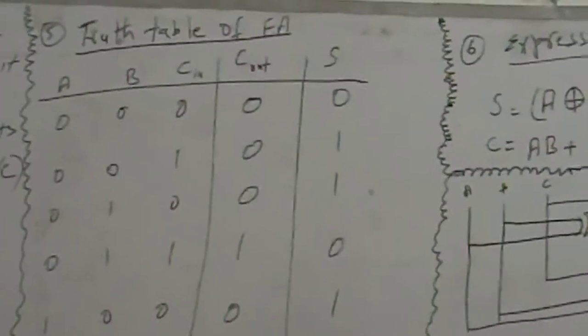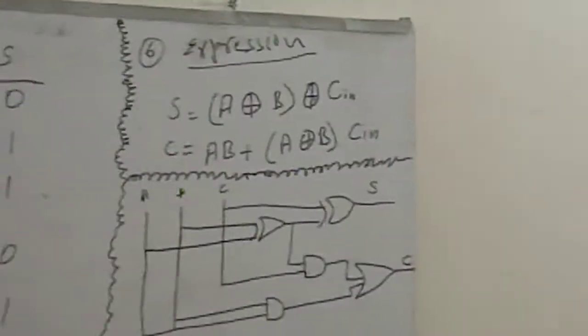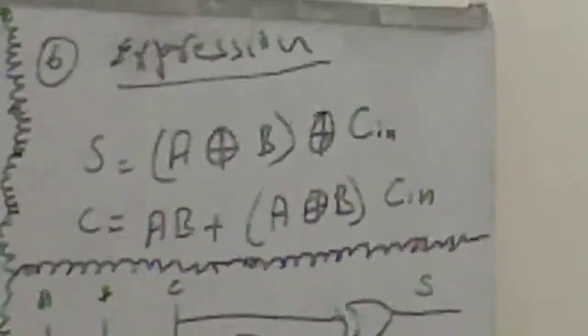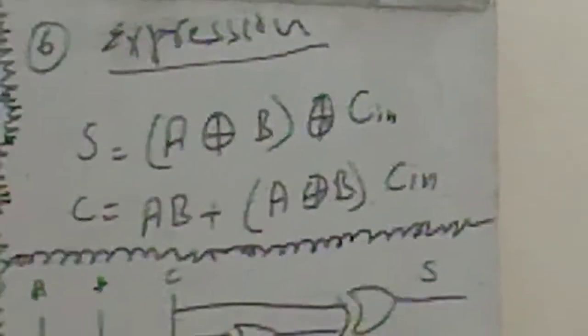How did I calculate these values? These values are calculated with the help of their expressions. What is an expression? An expression tells when the sum bit will be produced and when the carry out bit will be produced, at which state the sum bit will be 1 and the carry out bit will be 1.